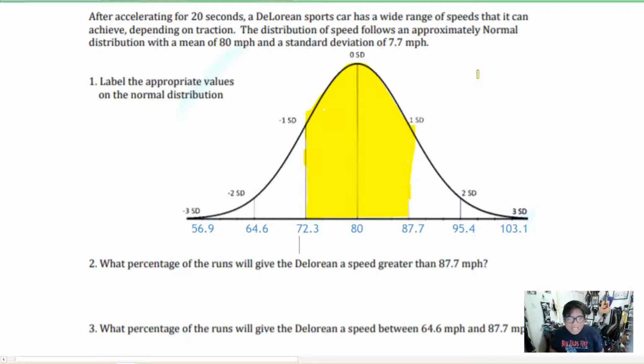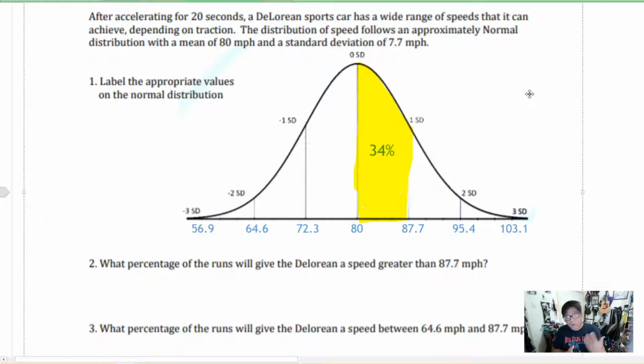We learned in the last lesson that anything within 1 standard deviation of the mean on a normal curve has an area of 68%. Now, if I take a look at half of this area, between 80 and 87.7, that would get me half of the area, or just 34%.